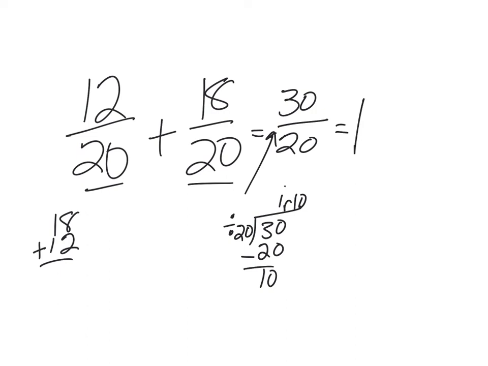I got that 1 from my division problem. That's how many times it went in. My numerator is going to be my remainder, which was 10. And my denominator is going to be basically my divisor, which was 20. And again, from some of my videos, remember the denominator's not going to change. It's going to stay the same.